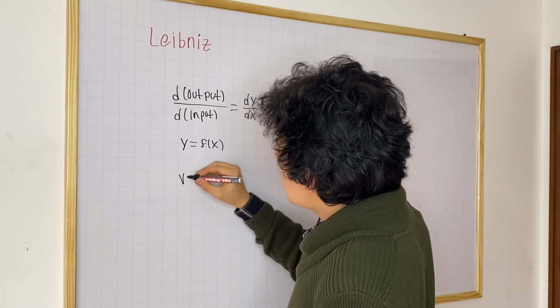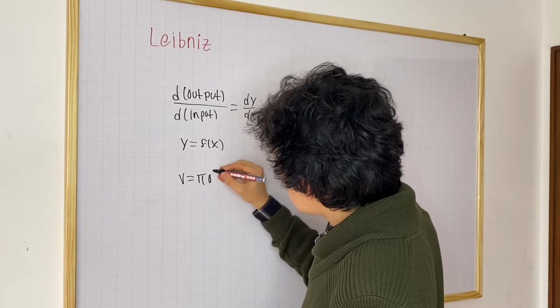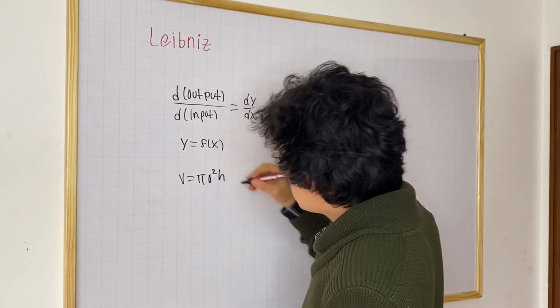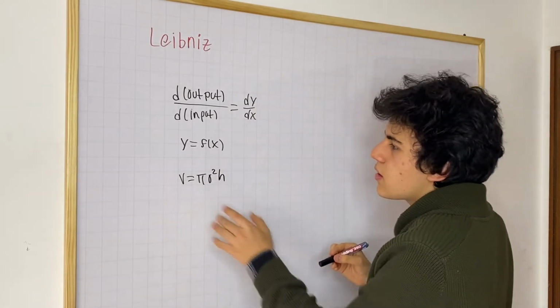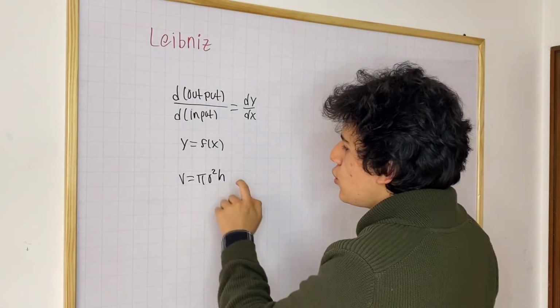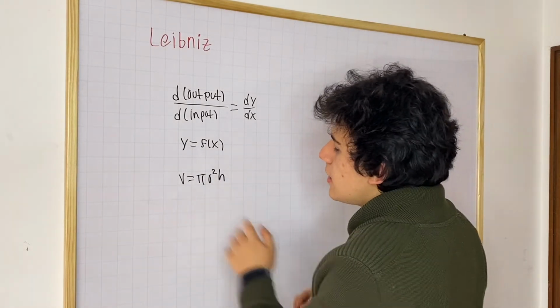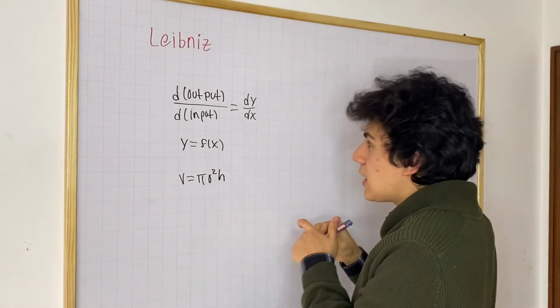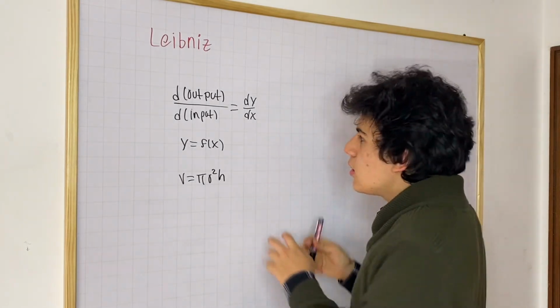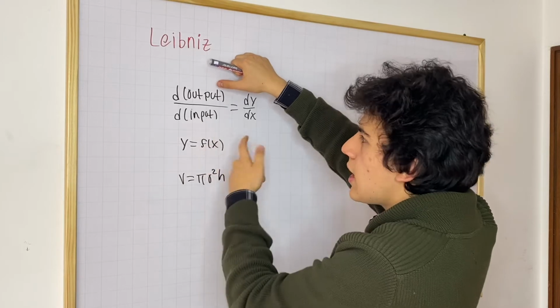What if we said that the volume for a cylinder, which we know is just simply the area of a circle times its height, is this equation right here. What is the derivative of the volume with respect to the height as an input? Now, in this case, it's very useful to use Leibniz's notation, because you can assign different inputs and one output.